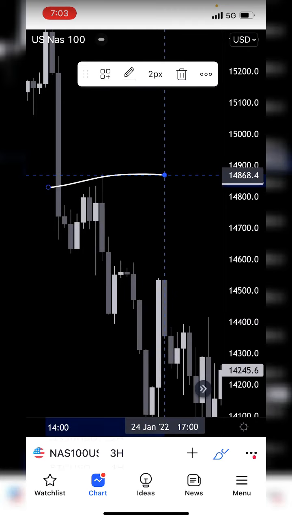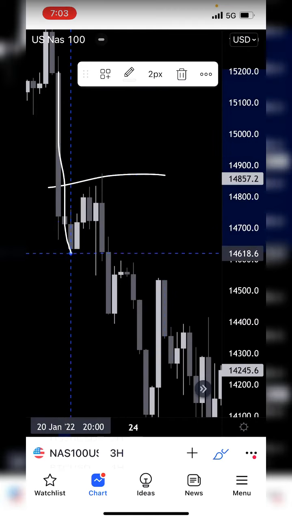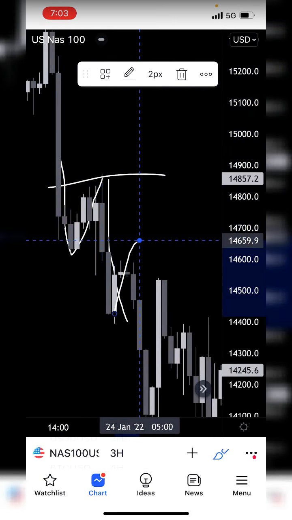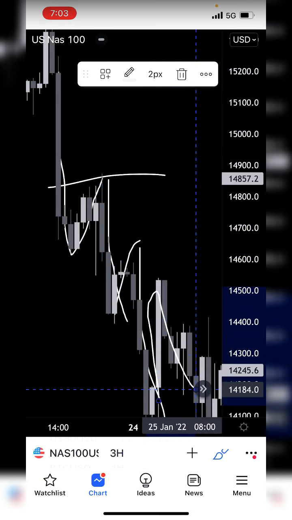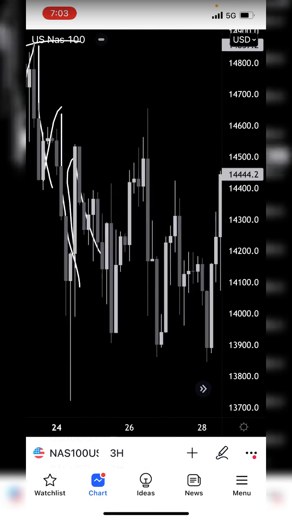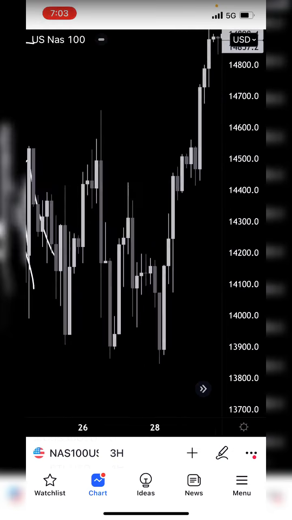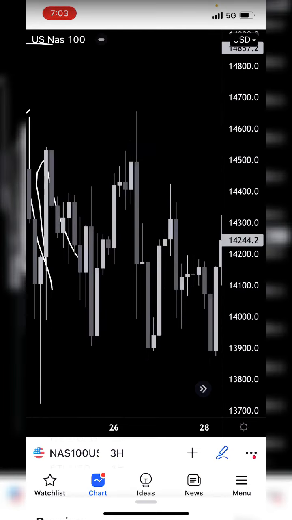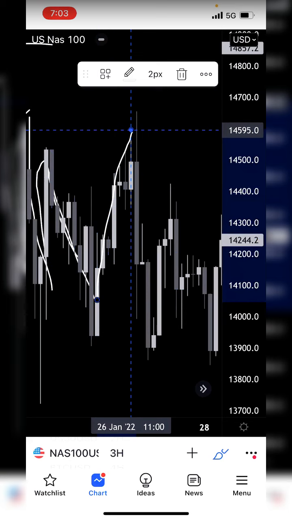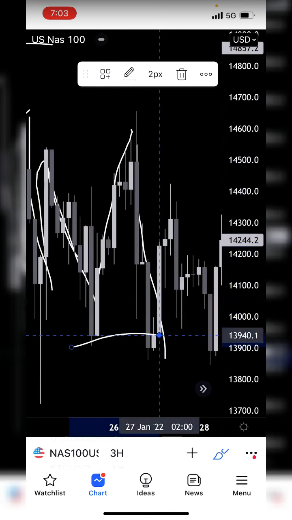Came up here, pulled back, came down, came up, made a high. Boom. Same thing, same thing. And then right here, we do break structure. Here we came up, came right here. Still busted the low though.